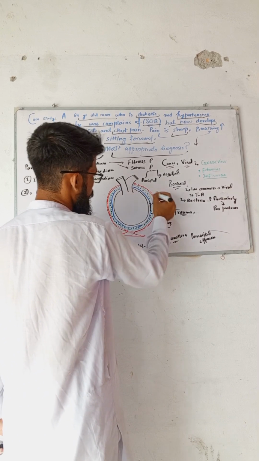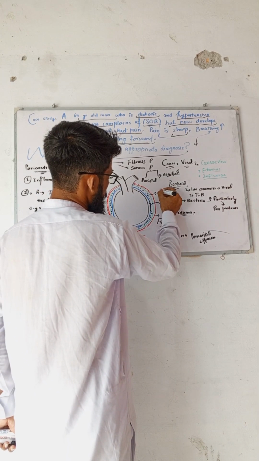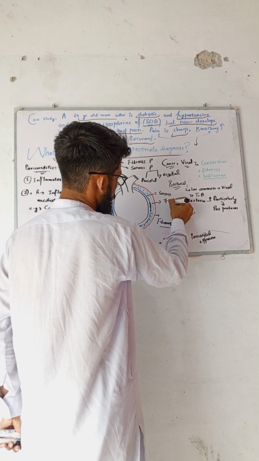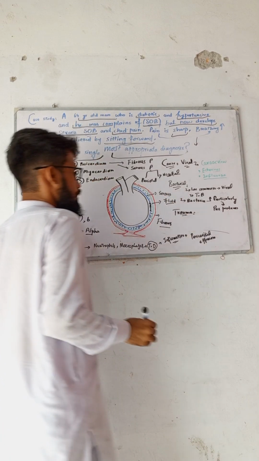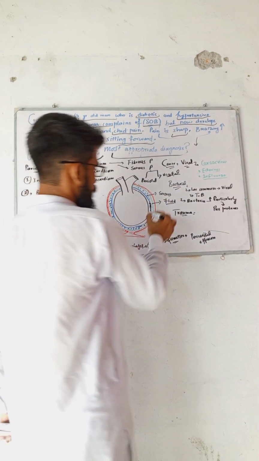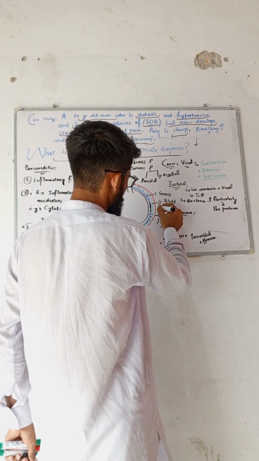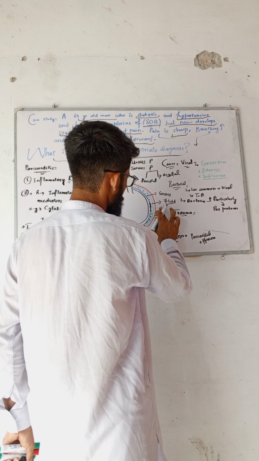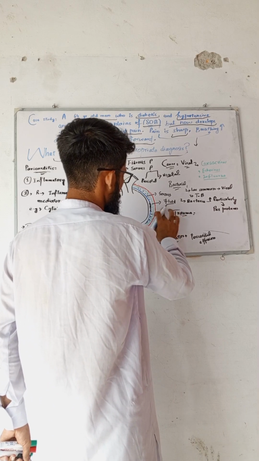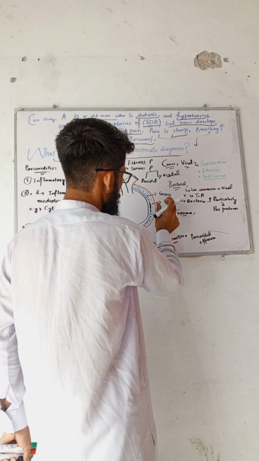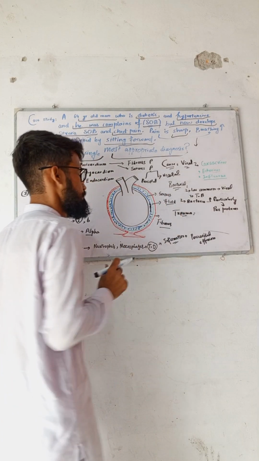As you see here, the fluid is called serous fluid. And there are some cells called flattened squamous cells, and these cells release and produce this fluid called serous fluid.